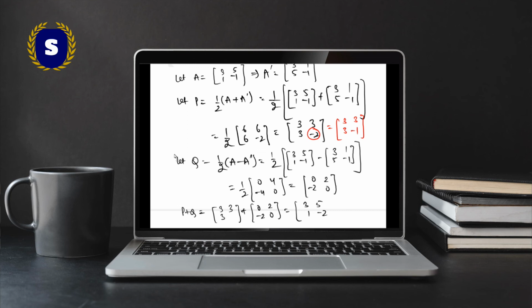So now I'll get minus 1 here. Hence, it is equal to A. So, the sum of two matrices is equal to the given matrix A. Right? We will not verify it in the further questions. Let us do the next part.